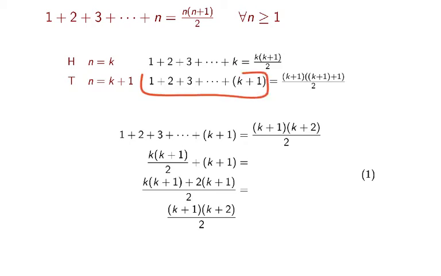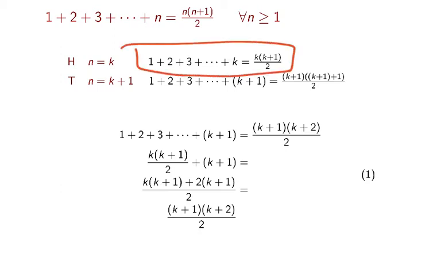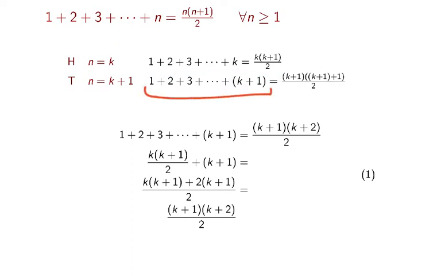Then I start with this part. That's what is written here. And I'm going to use this part. How do I use this part? Well, here is the addition of all the numbers until k plus 1. That means 1 plus 2 plus 3 plus 4 plus 5 plus 6, up to k and plus k plus 1. I mean that the one before k plus 1 is k. So in other words, all this part here is exactly what appeared in the hypothesis of induction.